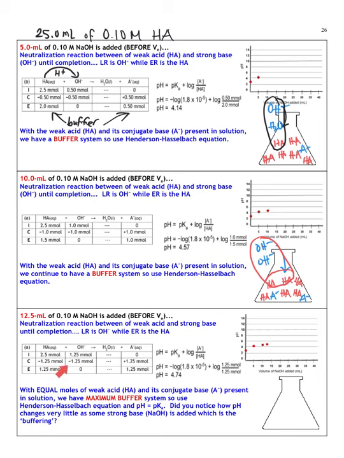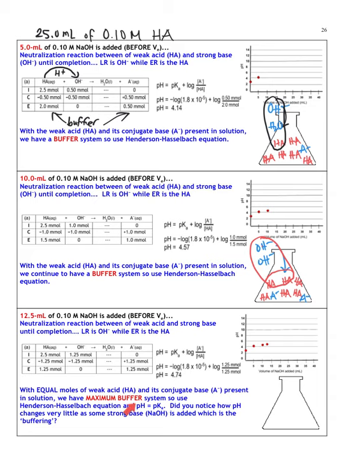Now we go to the next scenario where we're adding about 2.5 milliliters more. We set up an ice table, same thing. At this point, you're subtracting 1.25 millimoles as the limiting reactant, but at the end of this limiting reactant reaction, you're going to have equal moles of both the weak acid and its conjugate base.